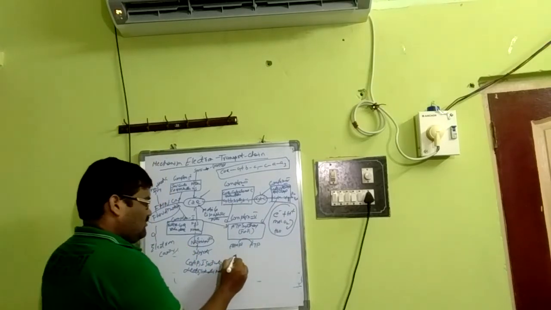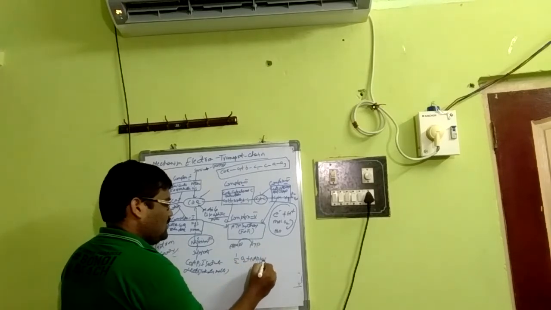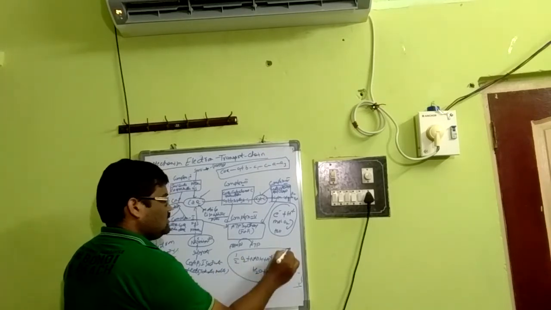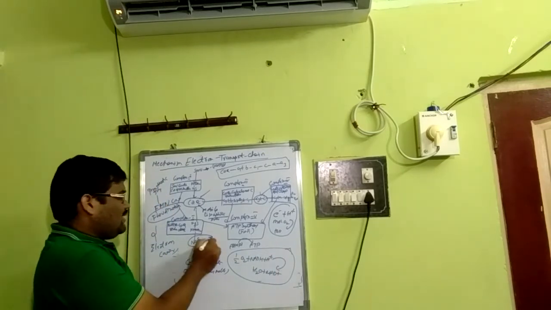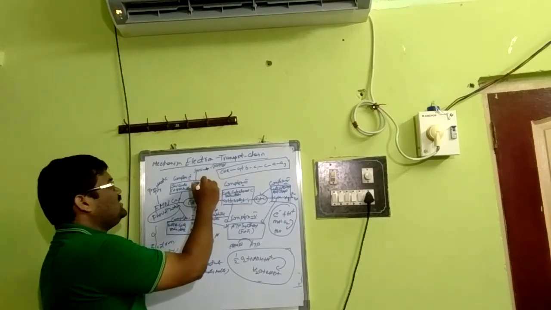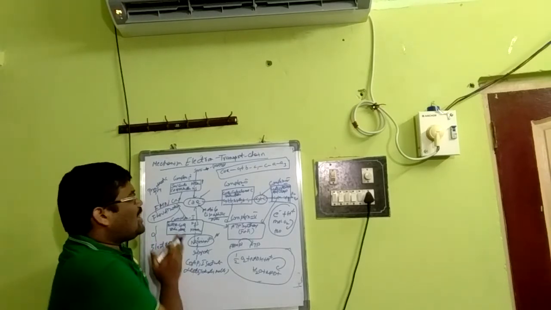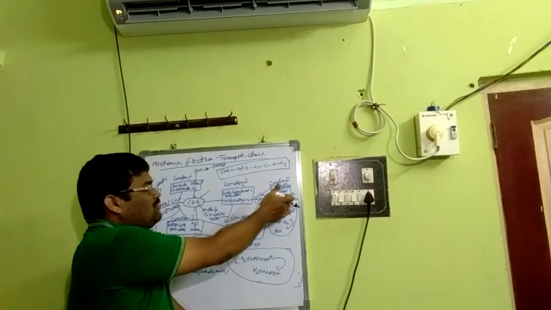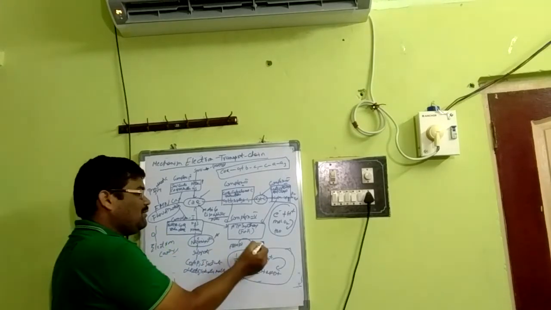Simply, we can say NADH plus H plus gives rise to H2O plus NAD plus. That means oxidation of reducing elements, which means loss of electrons from the reducing element, which move along a complex sequence of chains, ultimately leading to formation of water, and this process has to be coupled with ATP production.